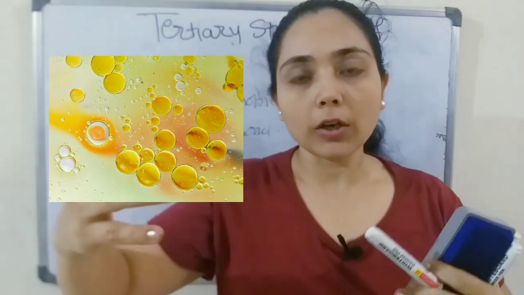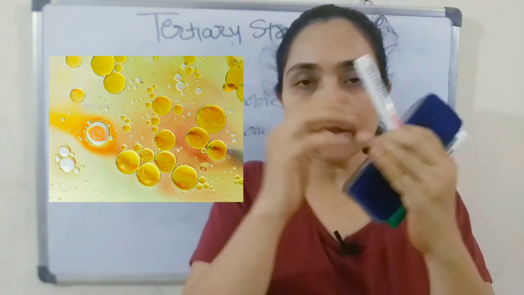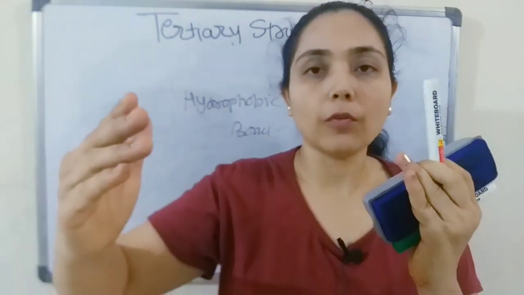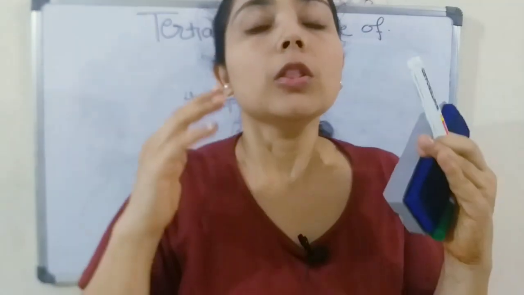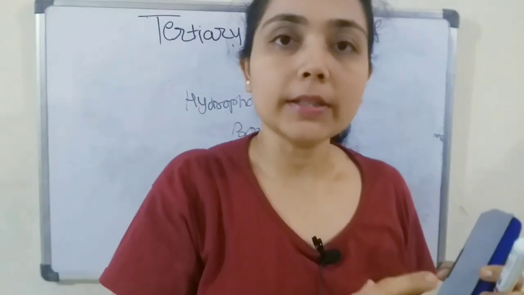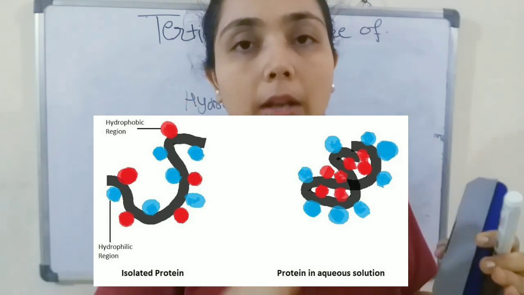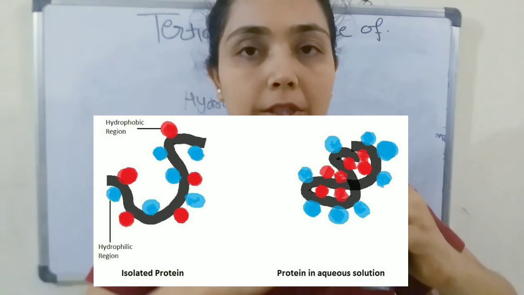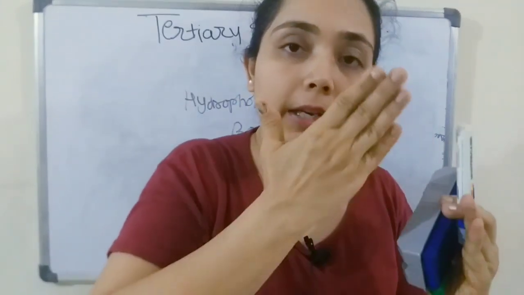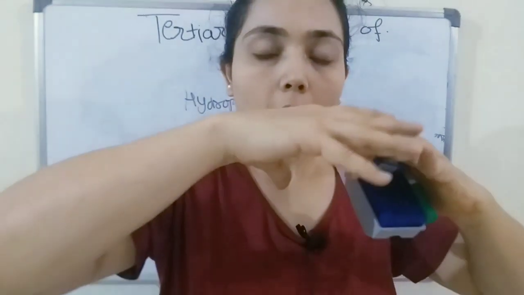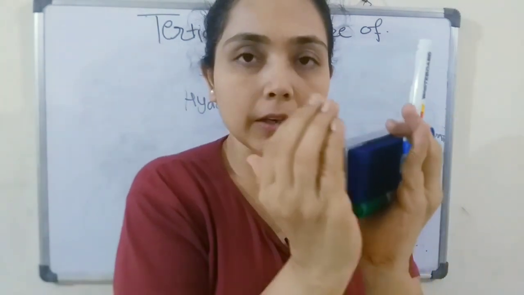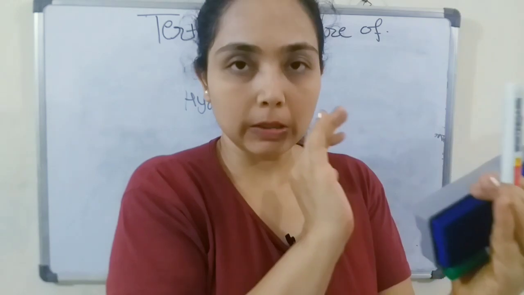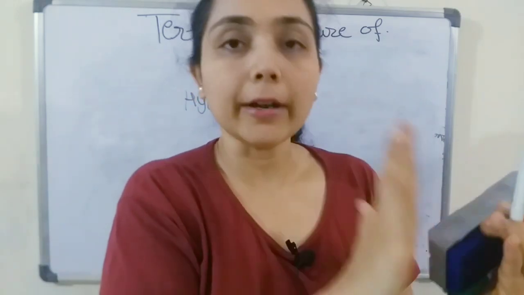Oil will expel the water and form a drop, meaning all the oil particles come close to each other and expel water. In the same way, amino acids with aliphatic or aromatic non-polar side chains come close to each other in the interior of the protein and expel water. All those non-polar groups come close to each other in the interior, and the interaction present here is known as a hydrophobic bond.